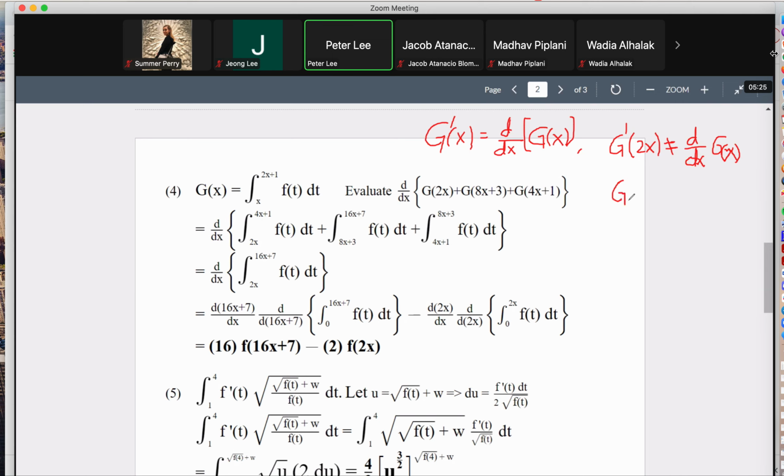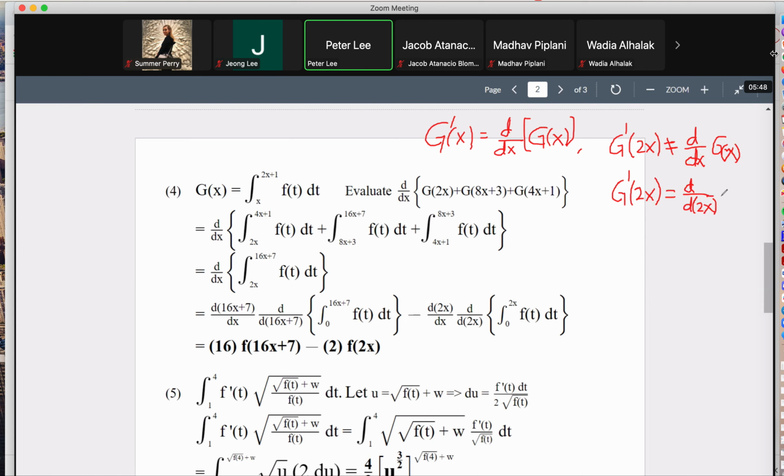So that's why on this test, on this problem, I did not write this prime notation, just to make sure that I did not create any confusion. This right here is actually equal to the derivative, not d/dx, but d/d(2x) of g of 2x.